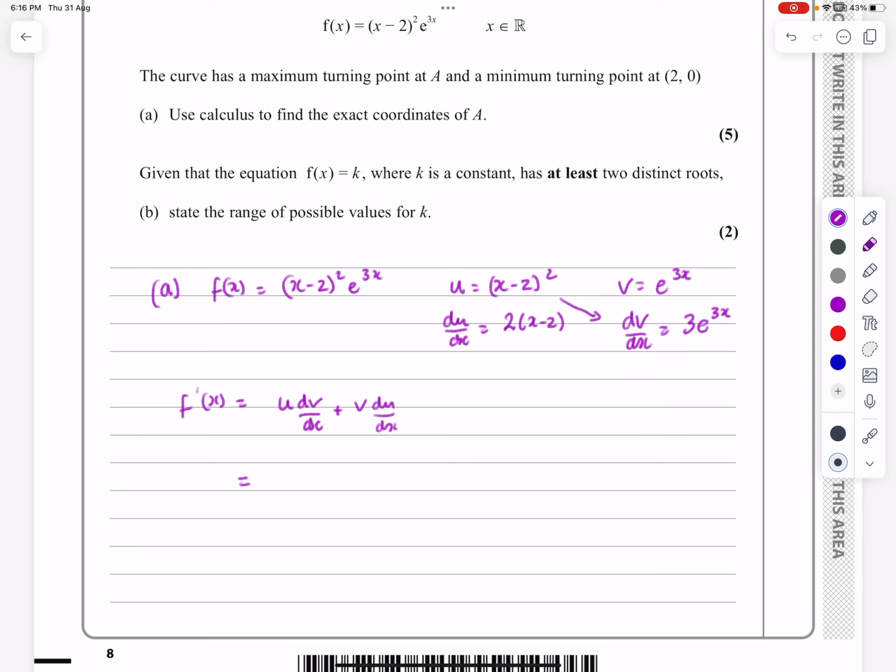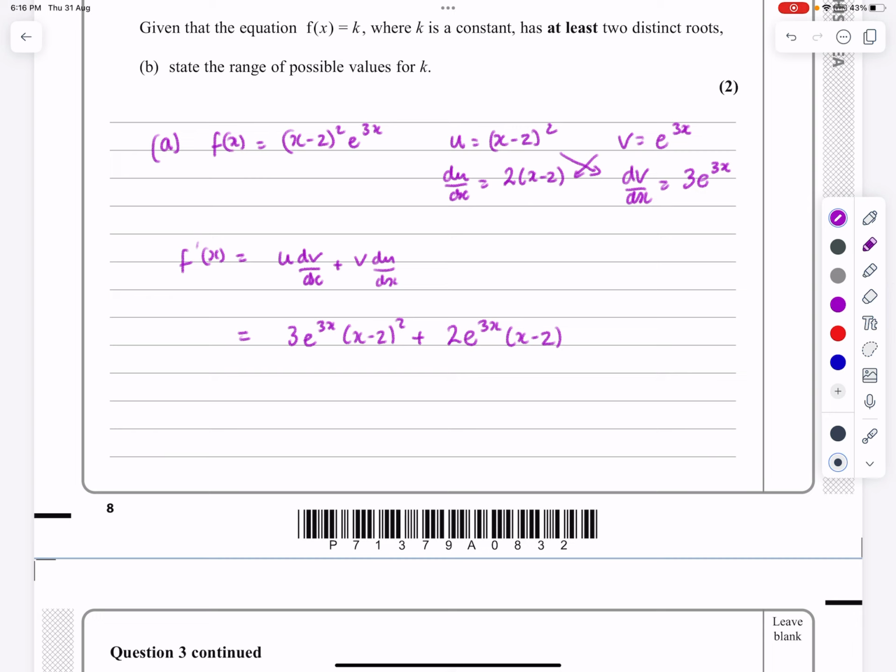I'm going to call that 3e to the 3x, (x minus 2) squared, and v du by dx is the other two. So that's going to be plus 2e to the 3x, (x minus 2). Just compare that with what we've got up there. I'll put the 2 at the front.